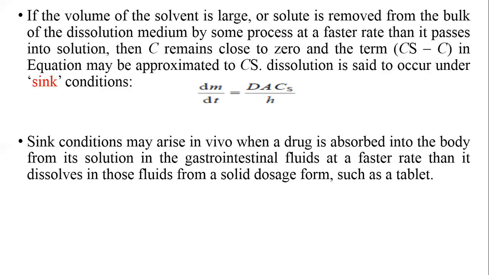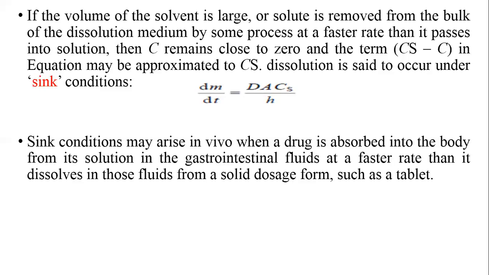Sink condition may arise in vivo when a drug is absorbed into the body from its solution in the gastrointestinal fluids at a faster rate than it dissolves, as in the case of a tablet.